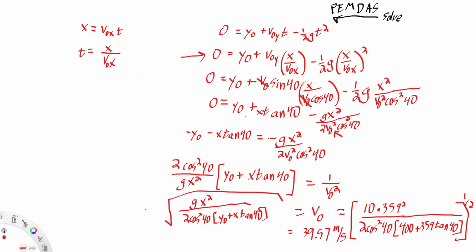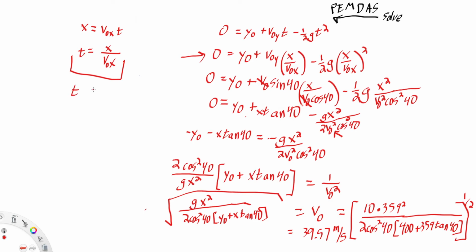Right, it's going to be something like 90 miles an hour. All right. So good. So yeah, that seems like a really good answer. 39.57. Now that we have a value for v naught, well, now we can come back to our expression for t.